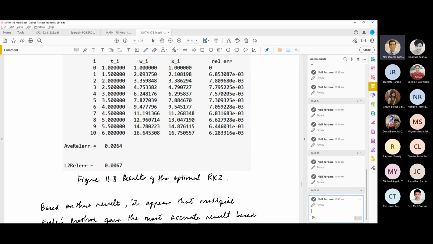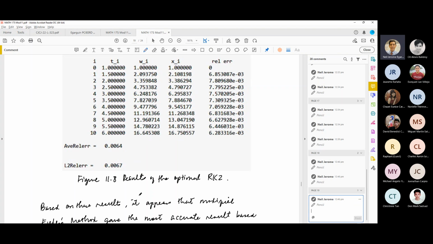Okay. Tapos pag kinumpare ko to, mukhang pinaka-accurate yung nakuha natin mula kay modified Euler's method. But I don't think there's a general result telling us which one of those 3 methods will perform best. So I think it depends on problem to problem. Pero the promise is hindi magkakalayo-layo yung accuracy na makukuha natin.